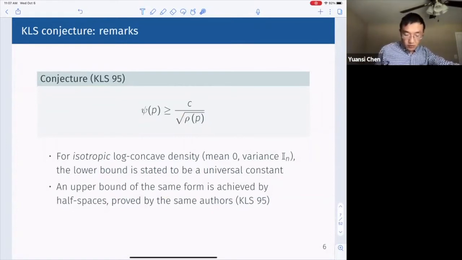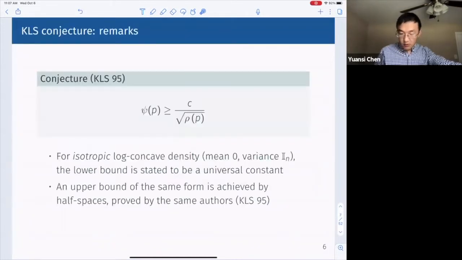And usually people also state a simpler version of the KLS conjecture, where you only state the conjecture for isotropic log-concave densities, those densities with mean zero and variance identity. And then the way you state it is this is lower bounded by a universal constant. Okay.